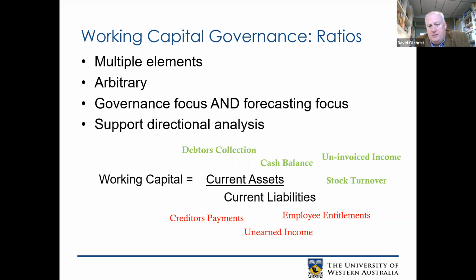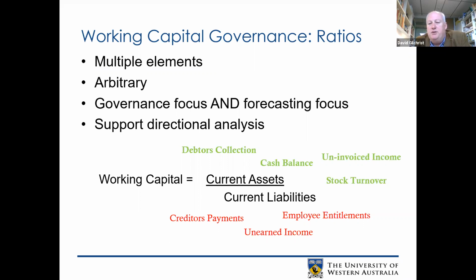So, for instance, on the positive side, in the asset side, you can have some accounting estimates around income as a result of things like valuation increases in assets and so on.